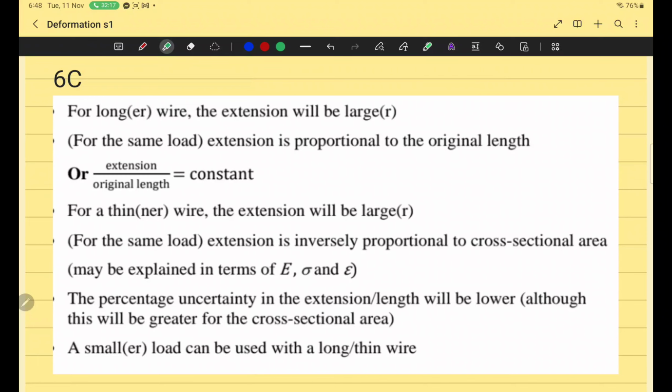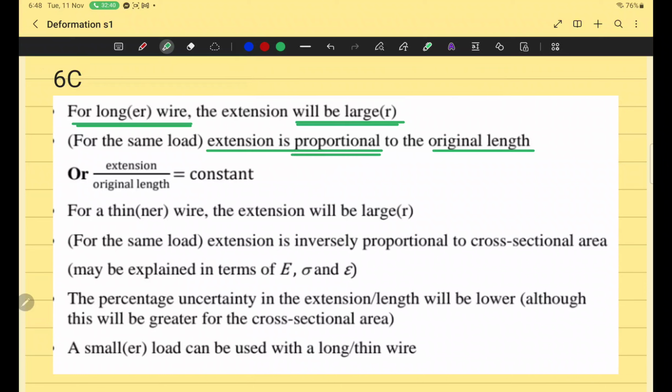Actually for the longer wire, extension will be larger. And you can say extension is proportional to the original length, but it is not directly proportional.